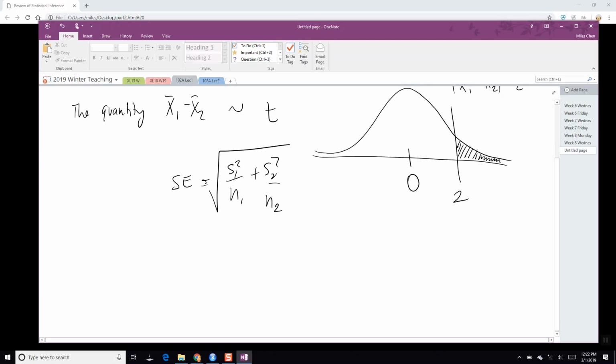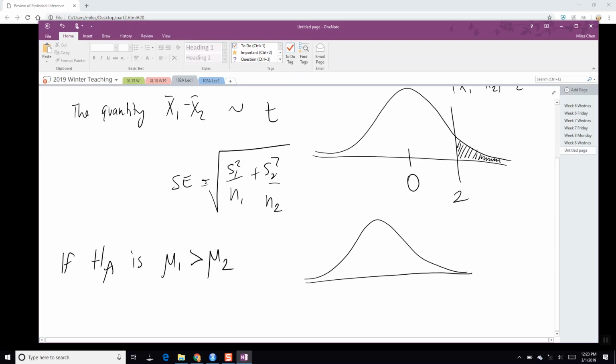Depending on our alternative hypothesis, if the alternative hypothesis is mu1 is greater than mu2, then we would only shade in the area to the right.